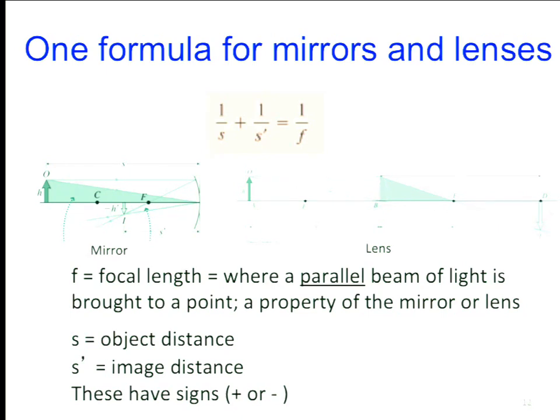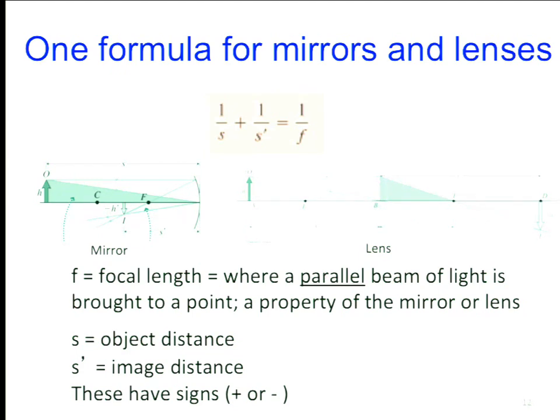If anything is different from that, for example, it could happen that S prime is over here. If it should turn out that you're suddenly getting an S prime on the other side of the mirror, that's negative. That's what you have to remember.